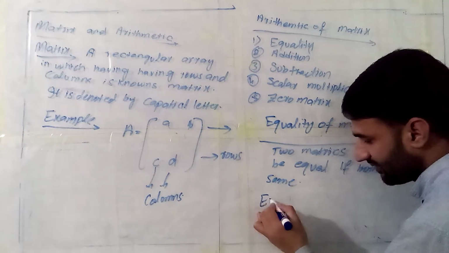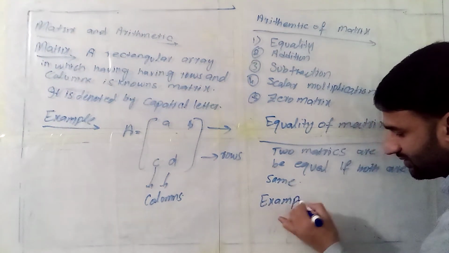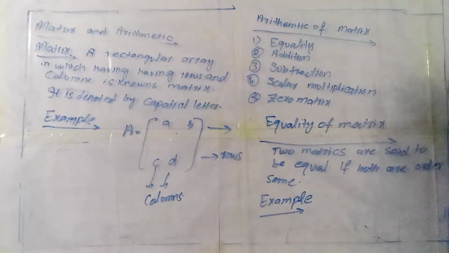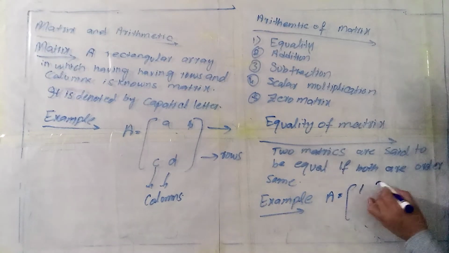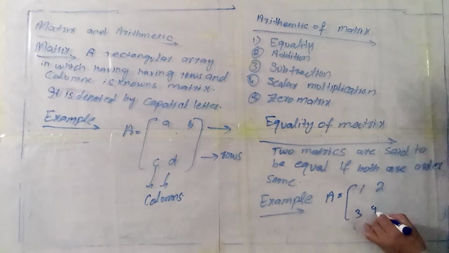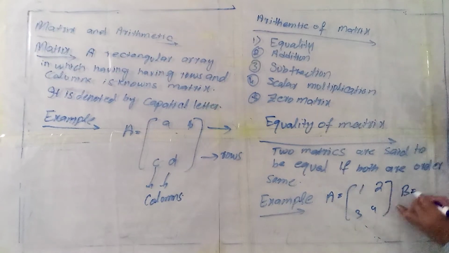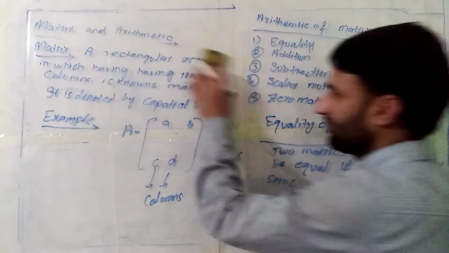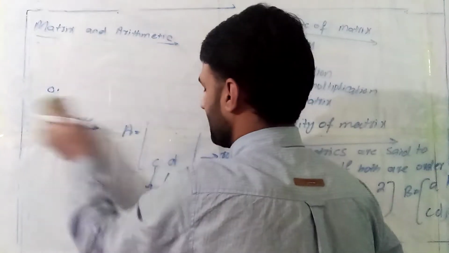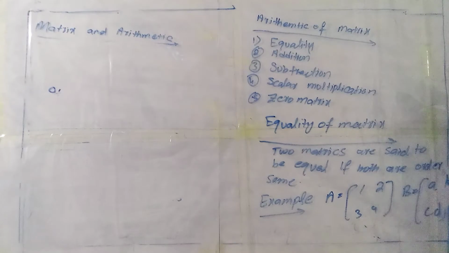For example, let's suppose A is equal to 1, 2, 3, 4, and matrix B is equal to A, B, C, and D. If I check whether both matrices are equal, you can notice that both are of order 2 by 2.